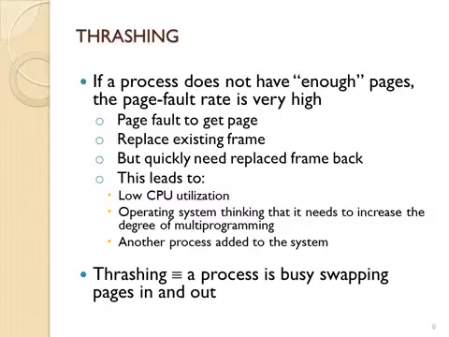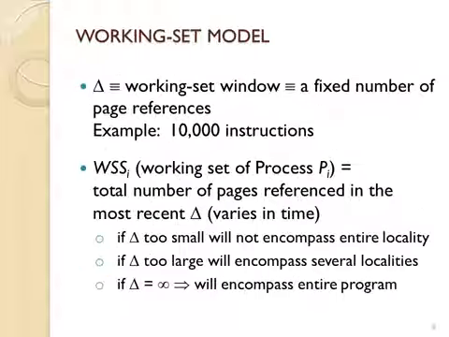And as they're requesting more pages, the system thinks that, oh, our system is not doing much work, so I'm going to introduce more tasks into the system, and therefore they're still not getting enough frames, and so the system basically ends up just swapping pages in and out and paging and paging and paging, and no real work is being done. And I've scanned in the pages from the book, and I suggest very strongly that you read the few pages in the book on thrashing, because the textbook does explain that very well.